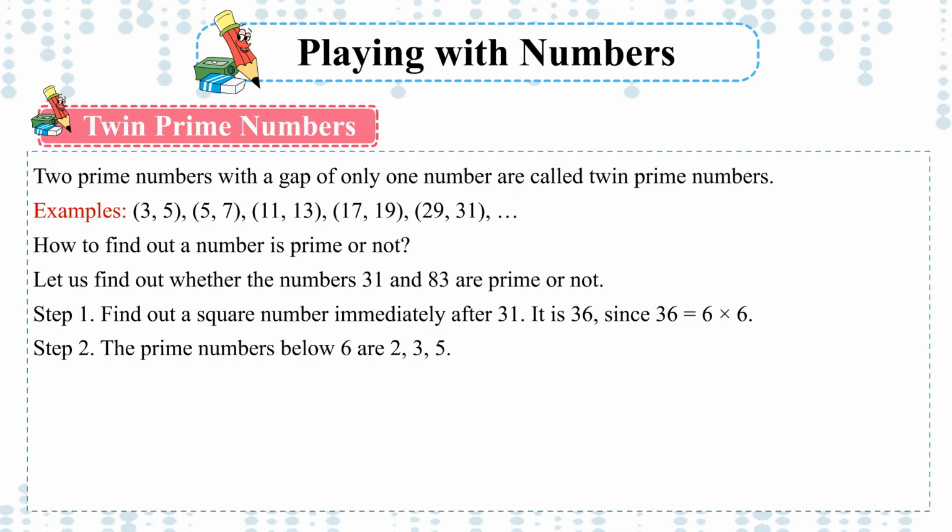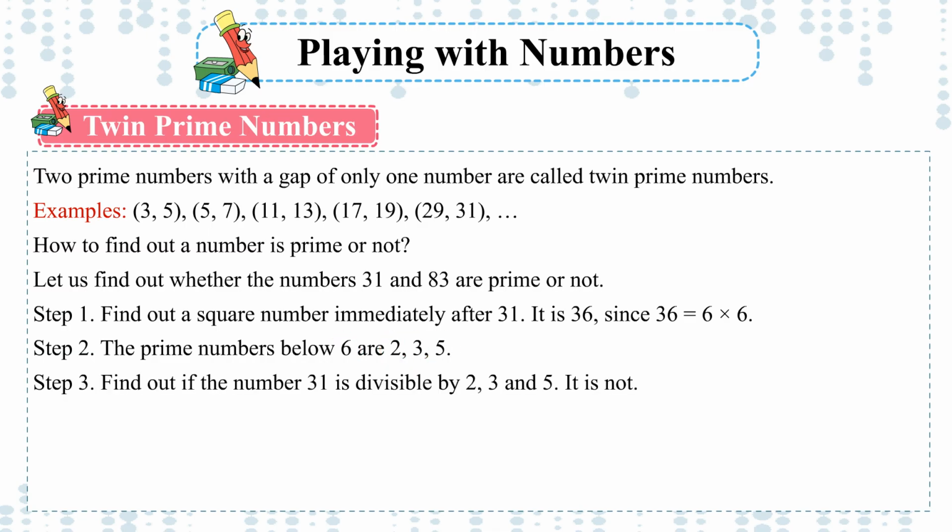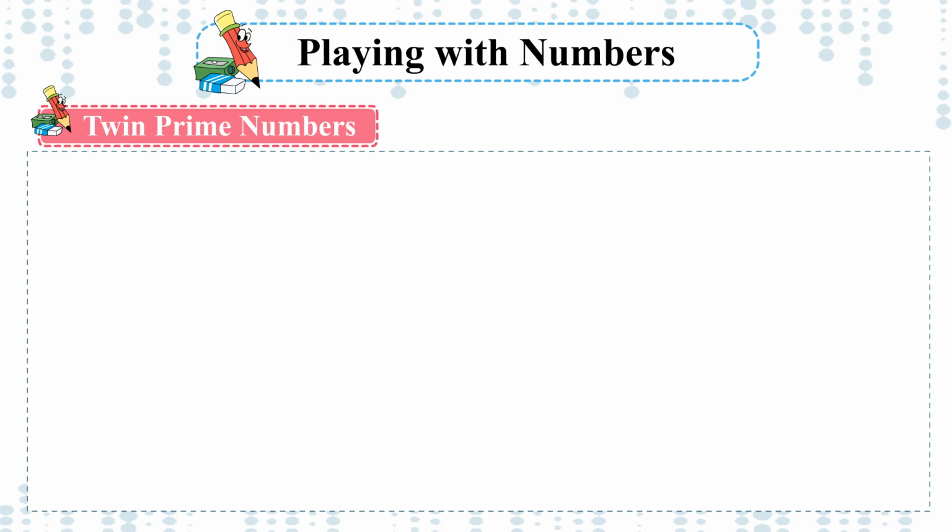Step 2. The prime numbers below 6 are 2, 3, 5. Step 3. Find out if the number 31 is divisible by 2, 3 and 5. It is not. So, 31 is a prime number.